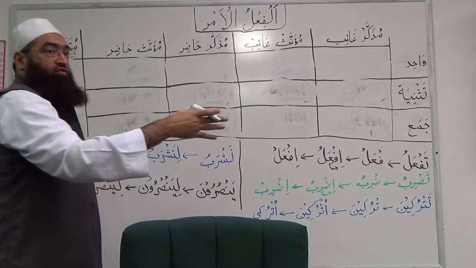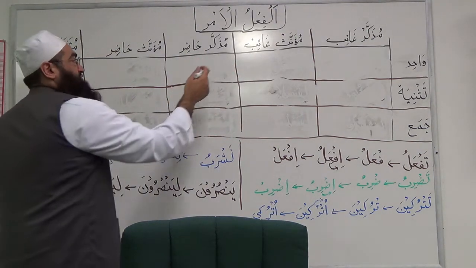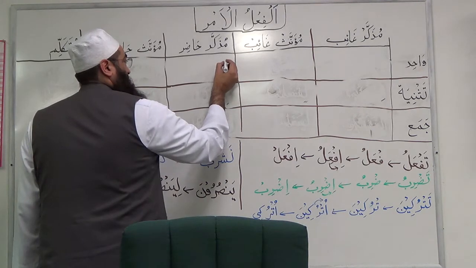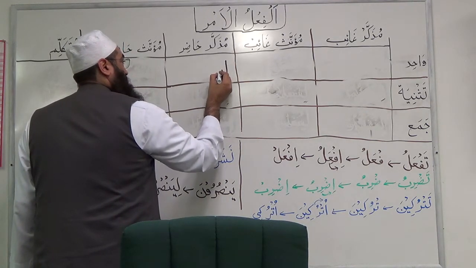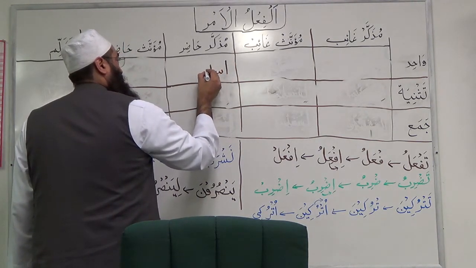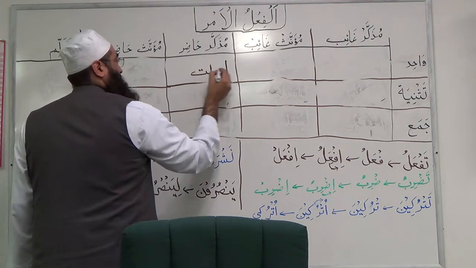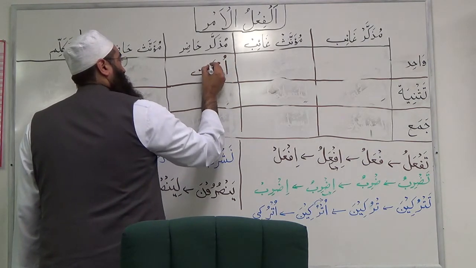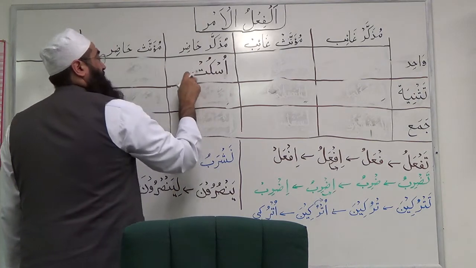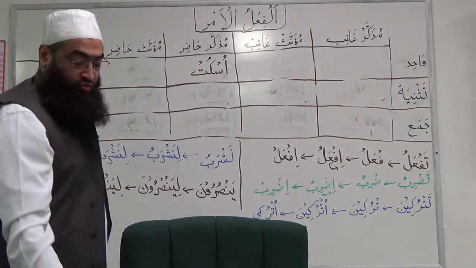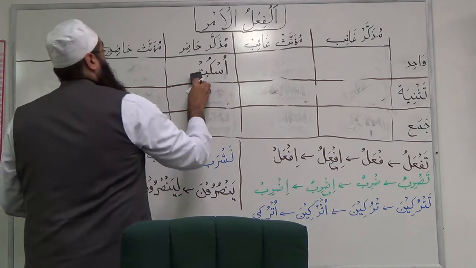You, one man, leave. Or let's use the one to be quiet. You, one man, be quiet. So it was actually uskut, right? Uskut. Now we can put a noon thaqila at the end, and we could put a noon khafifa.